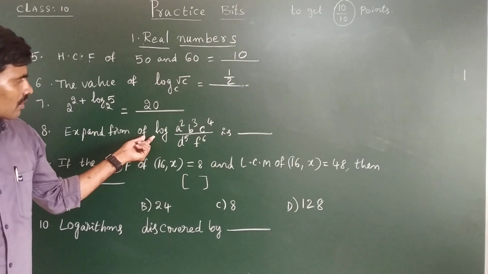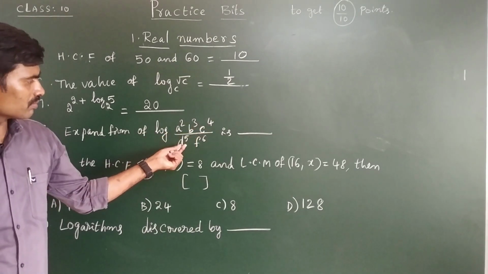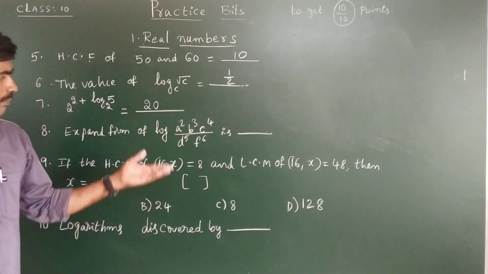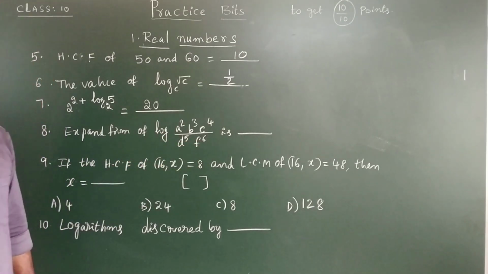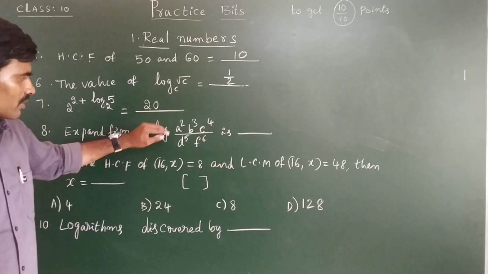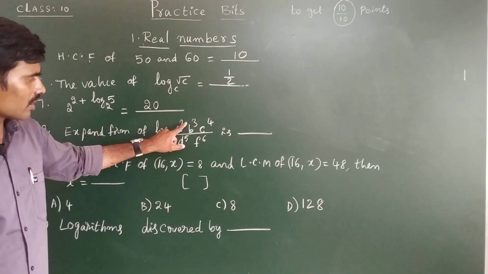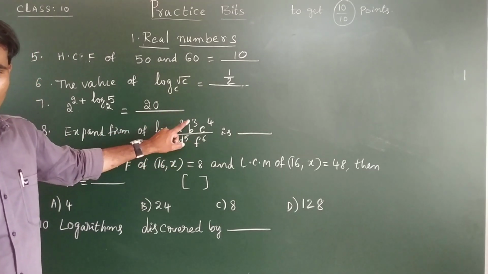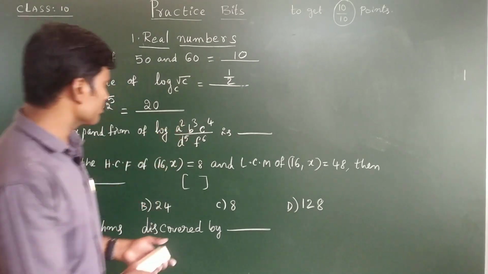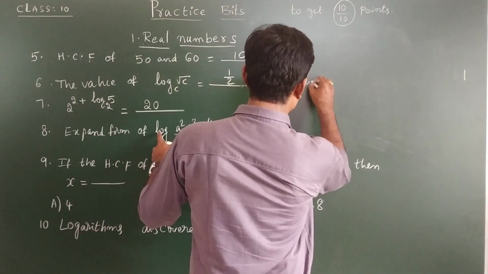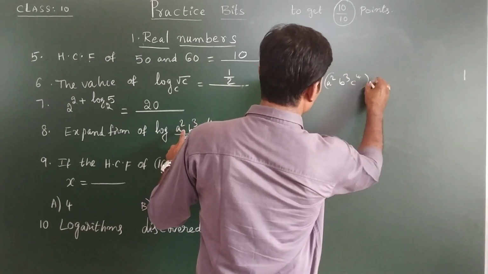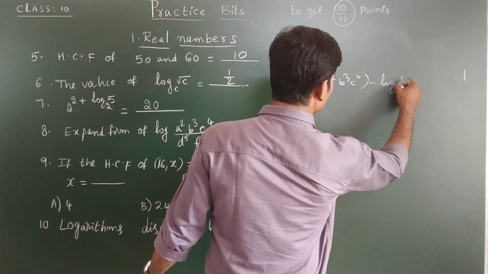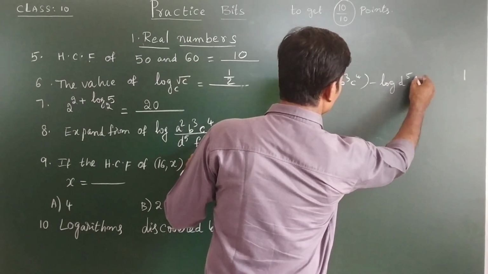Expand the form of log a square b cube c power 4 by d power 5 f power 6. This is very easy. First of all, it is in the form of log a by b. So log a by b means log a minus log b. First you write like this: log a square b cube c power 4 minus log d power 5 f power 6.